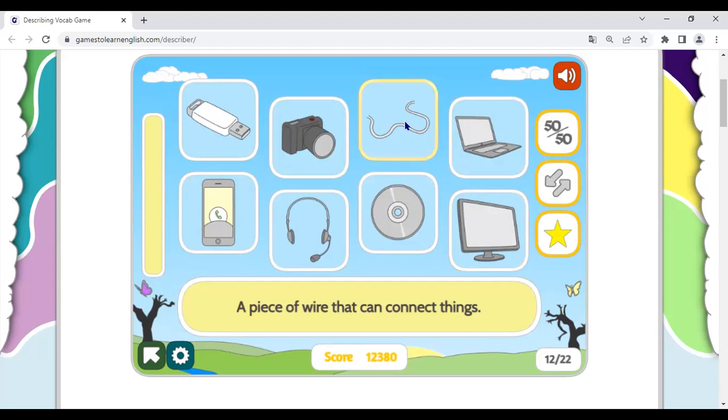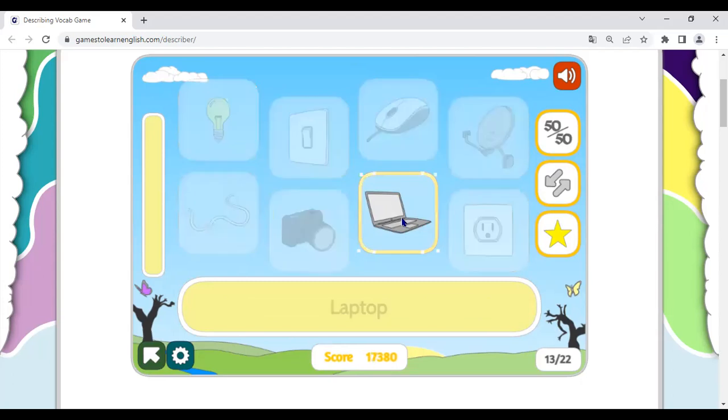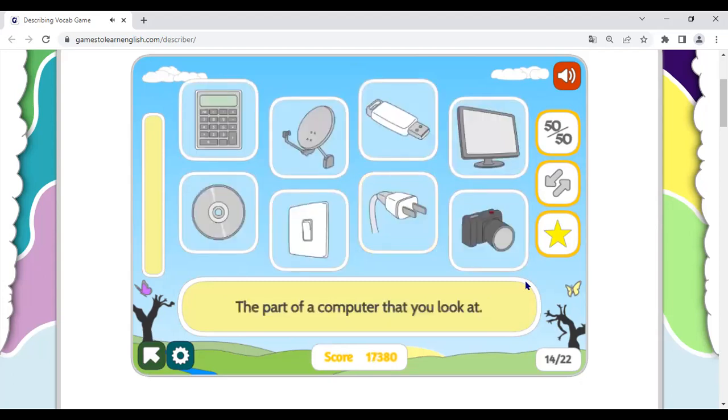Line. Correct. A computer that you can fold and carry easily. A laptop. Of course.